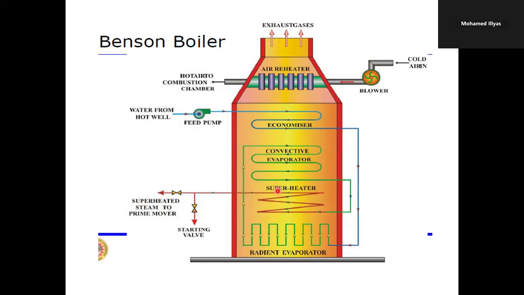And the hot gases which is flowing over the economizer will be passing through the air preheater. So the air which is used for the combustion purpose will be preheated here to enhance the combustion efficiency of the plant. And finally, it is supplied to the atmosphere through the chimney.